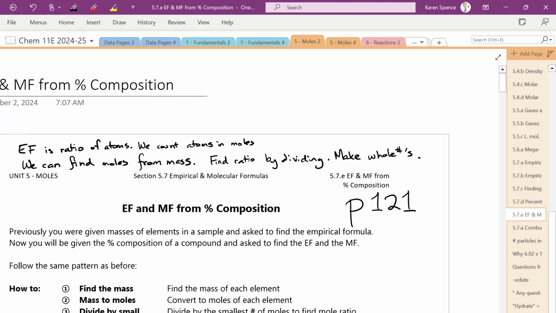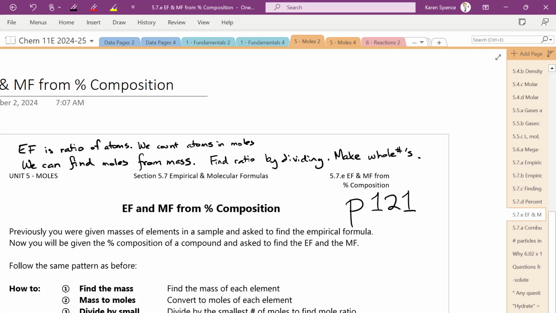Okay, so what's going to happen is we will be given the percent composition of a compound, like what we were just finding, instead of being given masses. Last day I told you the mass of copper is 3.2 grams. Today I'm not going to give you the mass of copper in the compound.